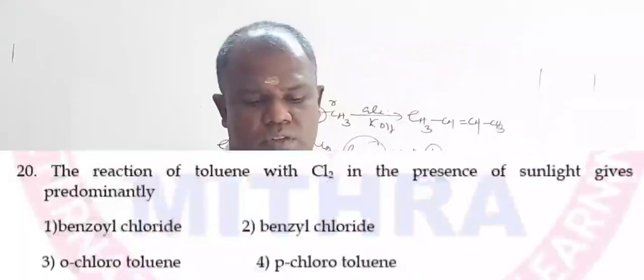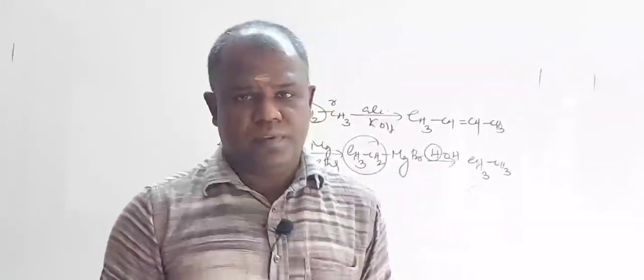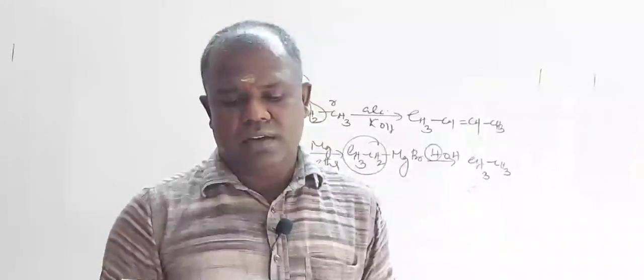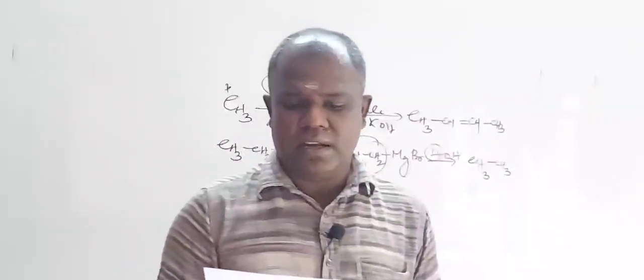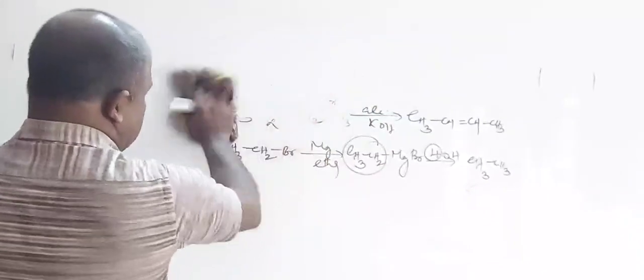Question number 20: the reaction of toluene with chlorine in the presence of sunlight gives predominantly which product? Compare with chlorine in the presence of AlCl3. Let us write. It's a comparison. I discussed the same type of question in the hydrocarbon chapter also.